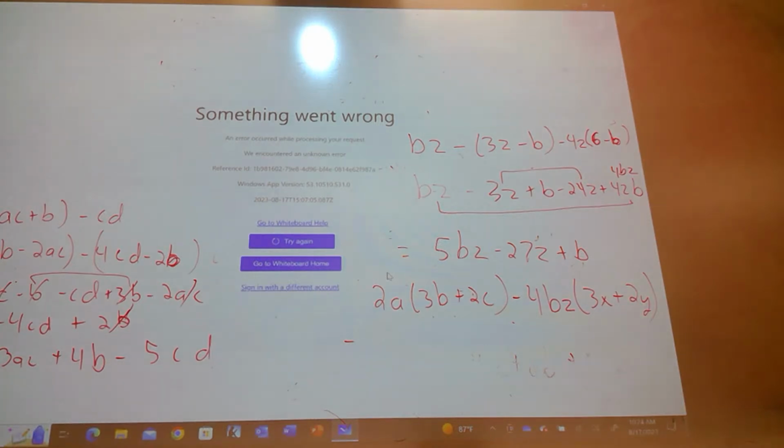This is 2bz times x, the letters together. Okay, now 4 times 2 is 8, so it's minus 4 minus that. And bz times y is, just put all the letters together.